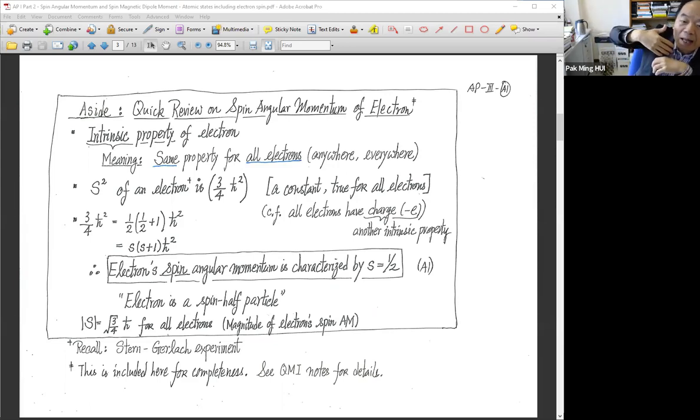Orbital angular momentum and orbital magnetic dipole moment of an electron is an extrinsic property. By that I mean the strength of it depends on which particular state the electron is in.